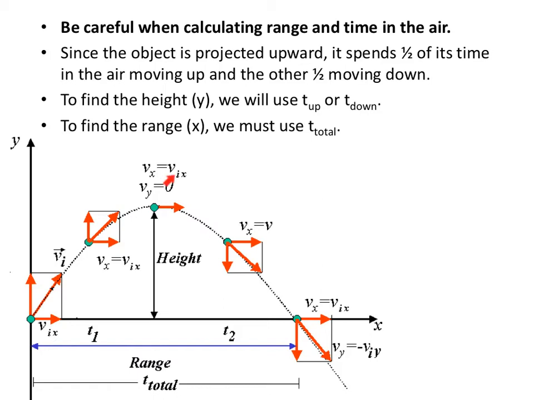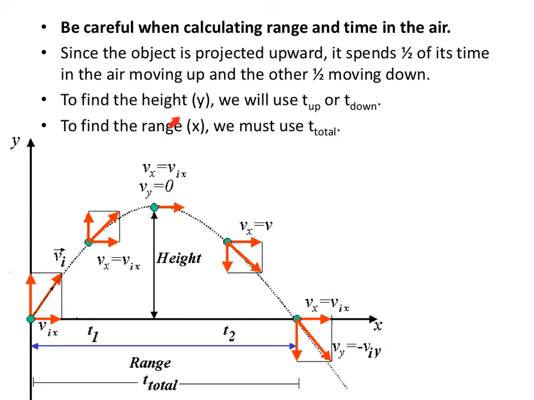So if you're trying to find how high something is, where Vy equals 0, you're going to use time up or time down, not both. They'll be equal to each other. Because to get to the maximum peak, you only have to go up or fall down.